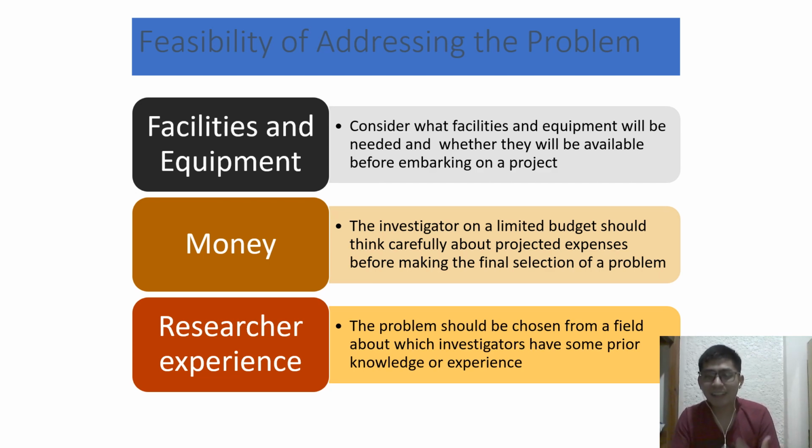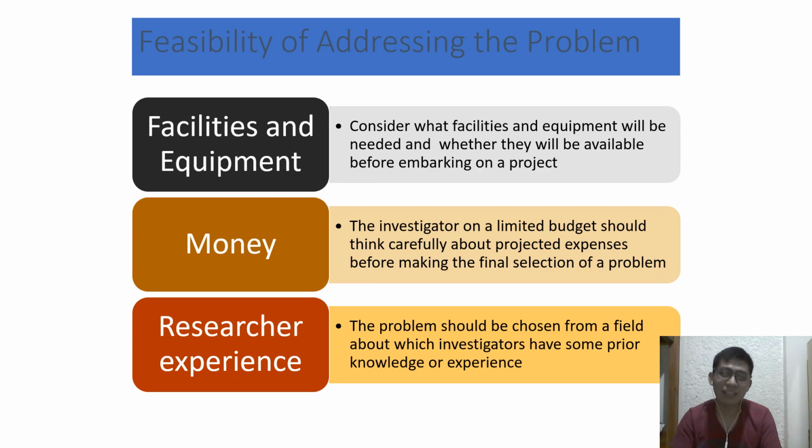So money, again, you should have enough budget to sustain the research. If it's regional, national, or global research, you should have funding because every step of the research entails cost, from manpower, your research assistants, having experts review, to ethical review board clearance.